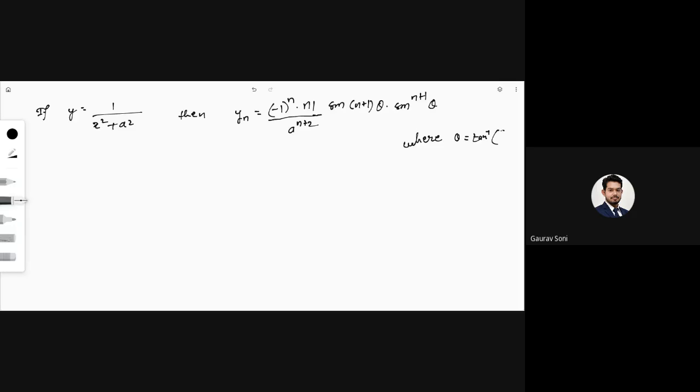So if y is equal to 1 upon x square plus a square, then yn is equal to minus 1 raised to n into n factorial sine of n plus 1 theta sine raised to n plus 1 theta upon a raised to n plus 2, where theta is equal to tan inverse a by x.